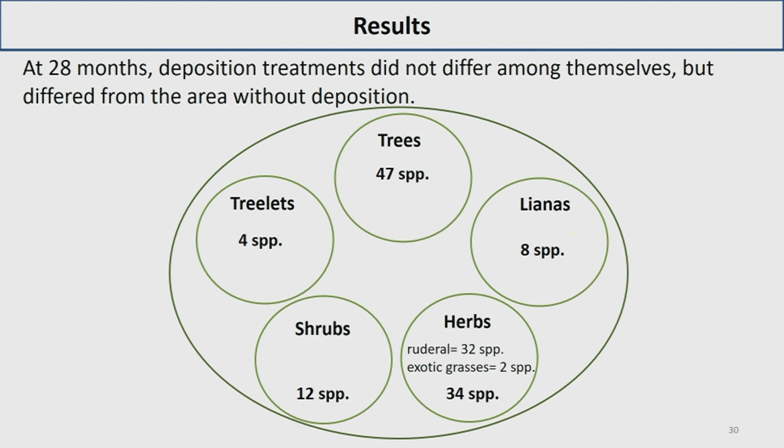At 28 months, deposition treatments did not differ among themselves, but differed from the area with only topsoil removal and no deposition. The deposition treatments showed 51 species of trees, 8 lianas, 12 shrubs, and 34 herbs.